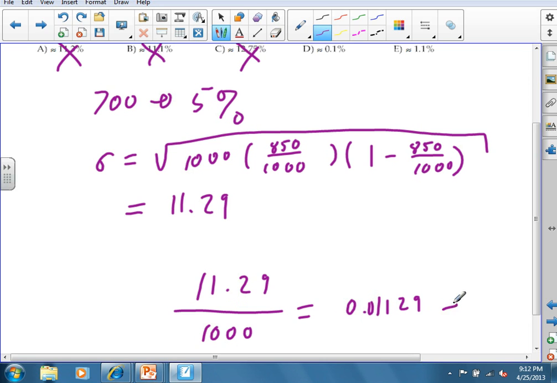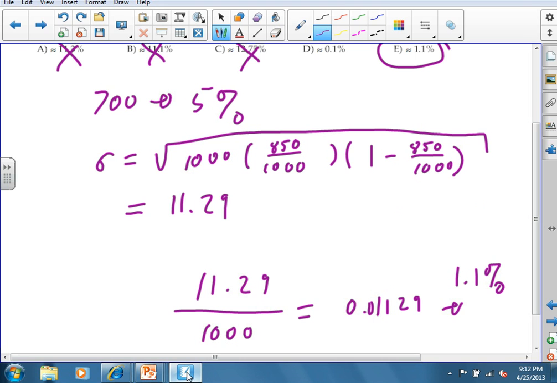When I change that to a percent, that's 1.1%. Okay. E. Okay. Thank you very much, author, for having that in your transparency group.